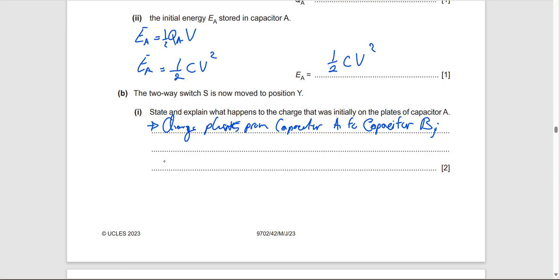And this will happen until VA becomes equal to VB. Just like that. And that should be fine. And you can explain your symbols if you want. That VA is the potential at capacitor A, and VB is the PD of capacitor B after the discharge of capacitor A.